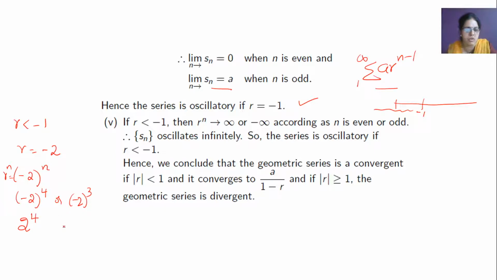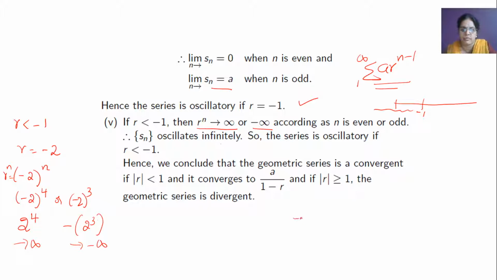And if it is odd, it is minus of 2 cube. When n is very large, this reaches infinity and this reaches minus infinity. So, if r is less than minus 1, r power n tends to infinity or minus infinity according as n is even or n is odd. Therefore, this also means that Sn oscillates infinitely. So, the corresponding series also oscillates if r is less than minus 1.